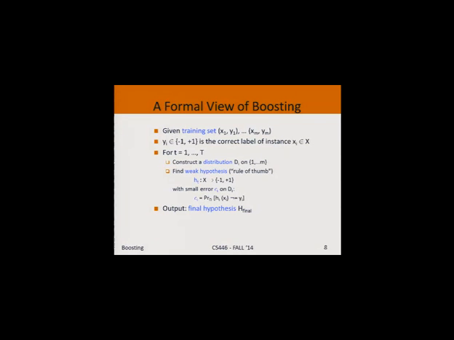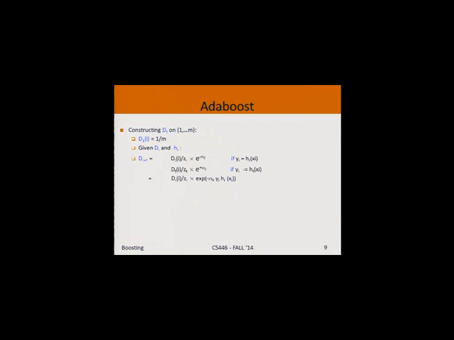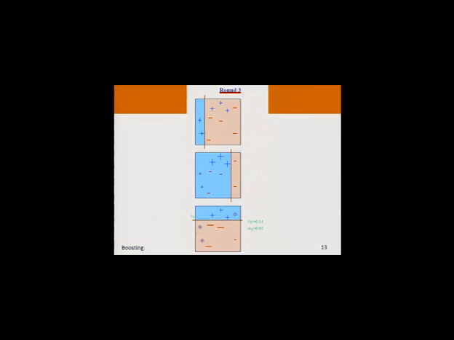Here, it's the number of examples on which I made a mistake, but where each example is weighted by its current weight under the distribution Dt. And that's really the key notion that you have to understand here, and that's why I'm going to do the theoretical analysis. I want to make two other points.